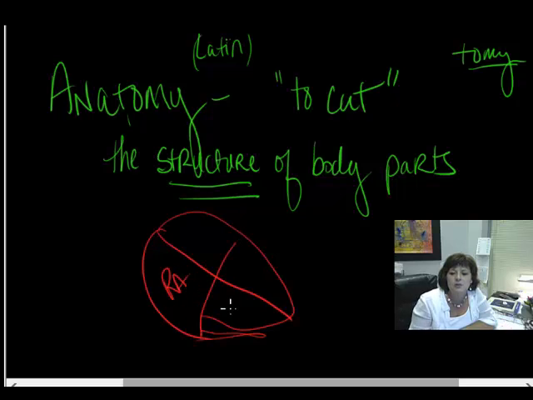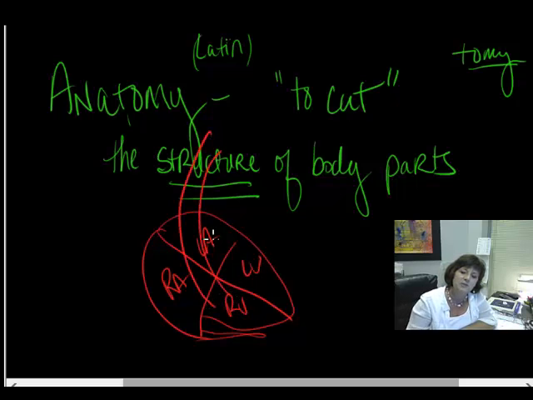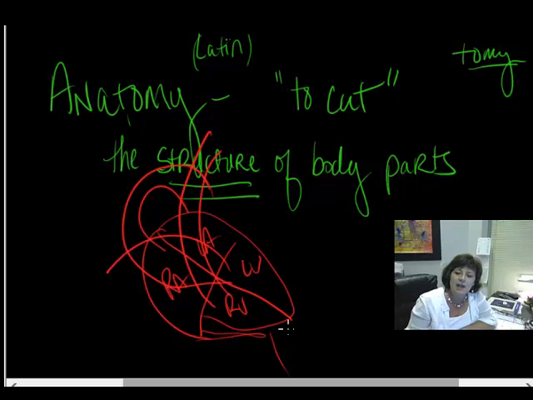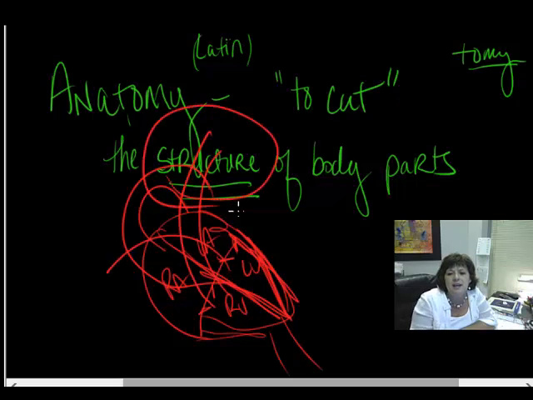We're looking at the right atrium and the right ventricle and the left atrium and the left ventricle. And we're going to look at the different blood vessels that are coming out of these things and how all this works together. We're going to look at the actual structure of the heart. How it's put together. We'll look at the septum, and we'll look at the thickness of the walls, and we'll look at the valves in the heart, and all of that goes into the anatomy or structure of the heart.